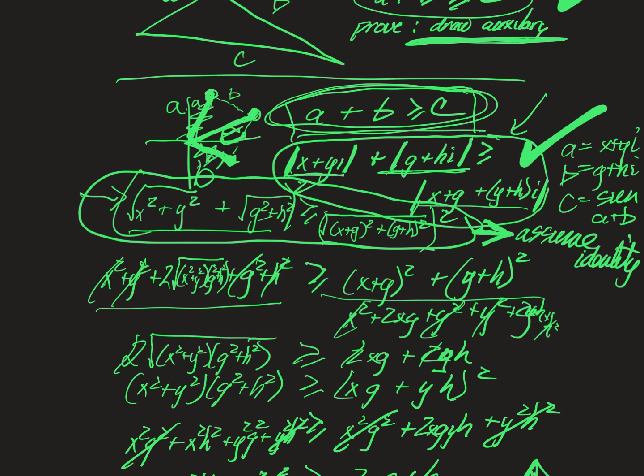I then multiply out this right side and cancel out the terms that would subtract out from both sides. I then, in this step here, notice that there's a factor of 2, which I divide out. I then square both sides again and get these two statements here.